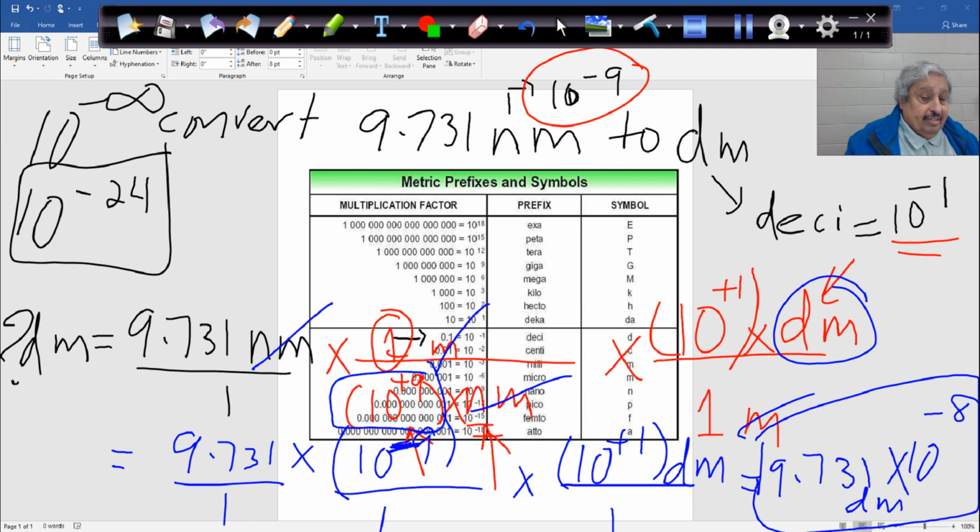It's plus 9 at the bottom, so I take it up as minus 9 in the top. Yes. If it's positive in the top, I pull it down, it will be negative. Whenever you swap any exponents up or down, you have to swap its sign. Are you following me here? That's part of the scientific notation.